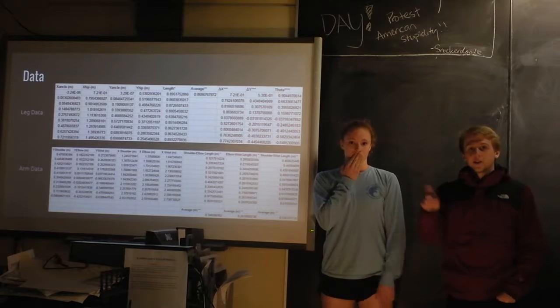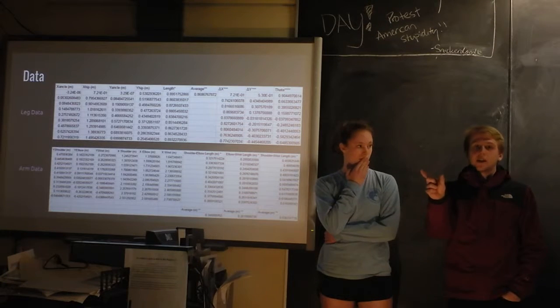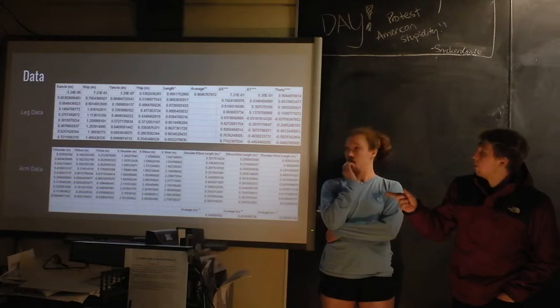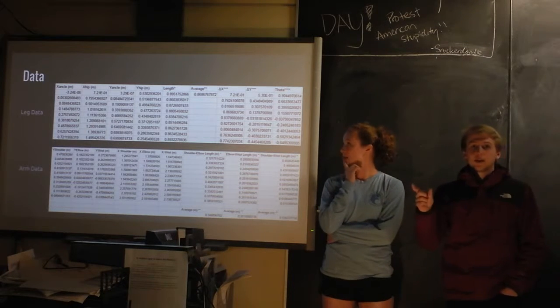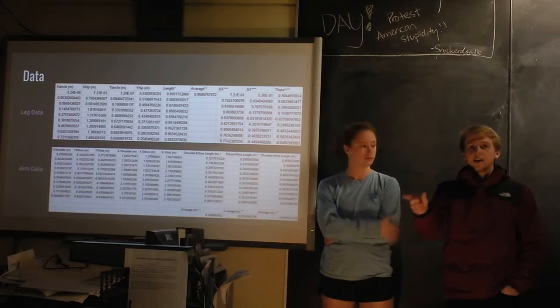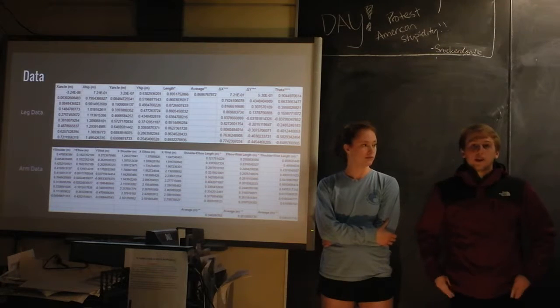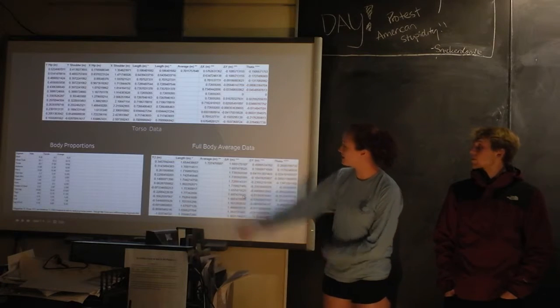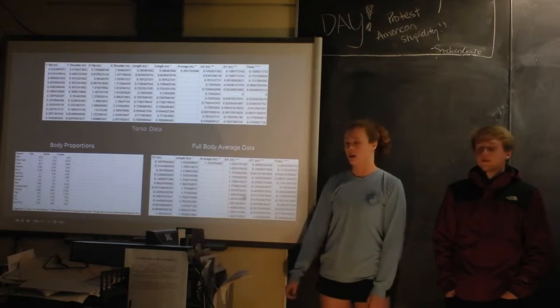Because of the way we were dotting it, it wasn't exactly the same length every time, so it varied a little in the 2nd or 3rd decimal point, and so we had to take an average to find the average length of her arm through our calculations. And then this is our torso data, which is the arm and leg data.